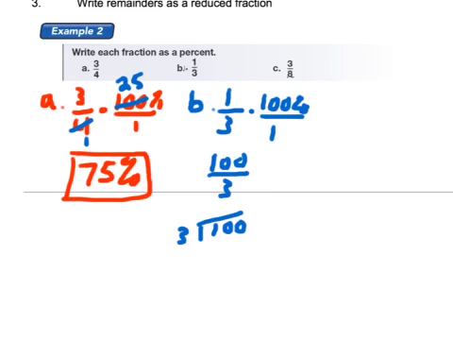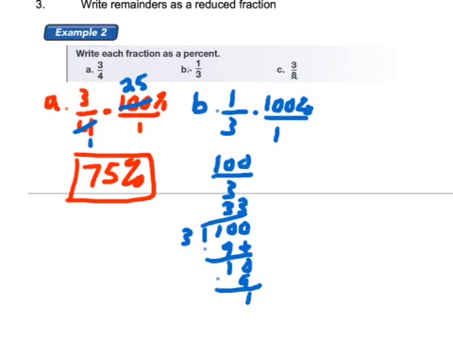Well, 3 doesn't go into 1, but it goes into 10 3 times. And 3 times 3 is 9, and I subtract. And bring down my 0. 3 goes into 10 3 times. I get 9. Okay? Well, now I've got 33 with the remainder of 1. So 33, my answer up here, is going to be my big number.